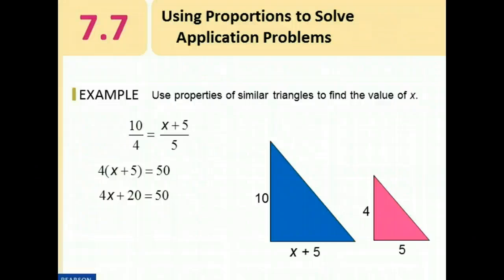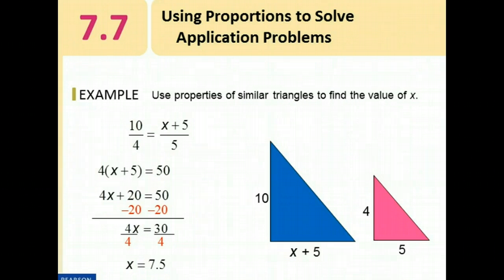And then we're going to subtract 20 from both sides to get the constant terms on the right, which will be on the opposite side of the variable term that is on the left. Lastly, we're going to divide both sides by 4 to finish isolating the x. And this gives us a solution of x equals 7.5.